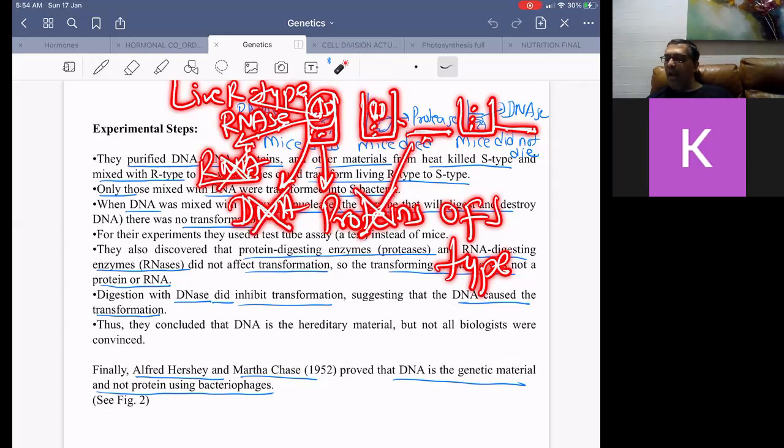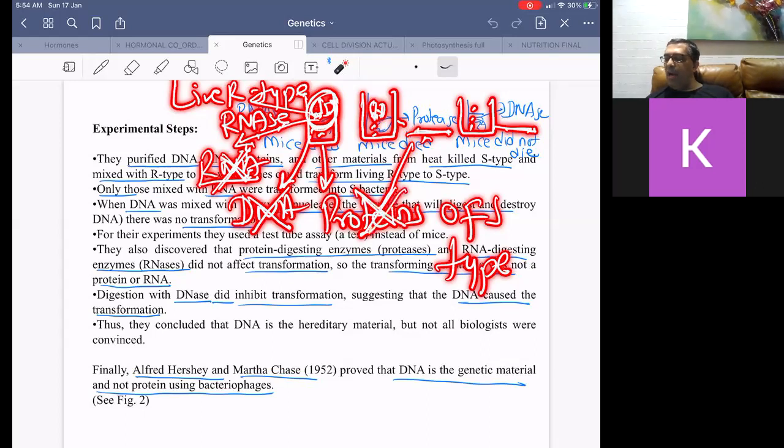Now, when RNase destroyed RNA, R still got transformed into S type, which means the RNA did not have the gene for capsule. Though RNA was destroyed, R got converted into S type. When protease was put over this collection, protease must have destroyed the proteins.